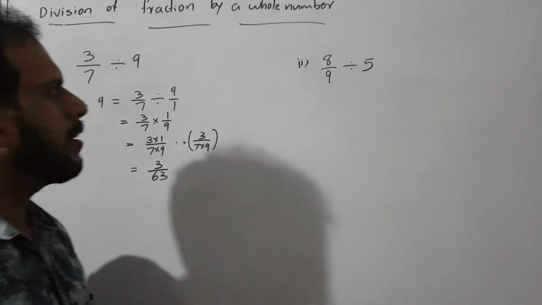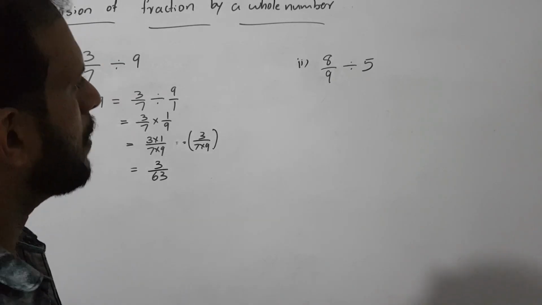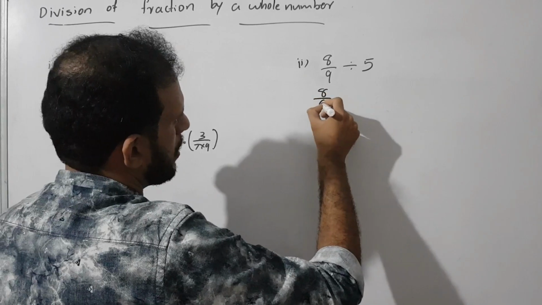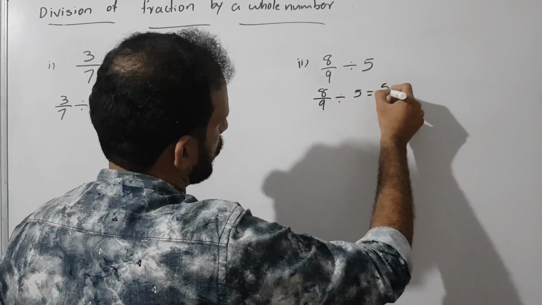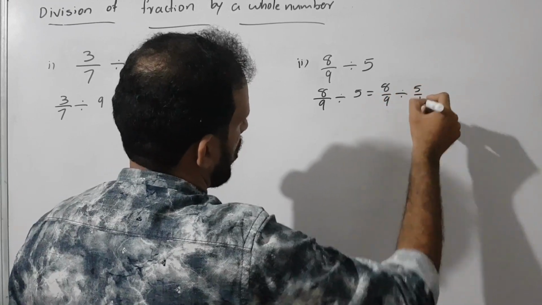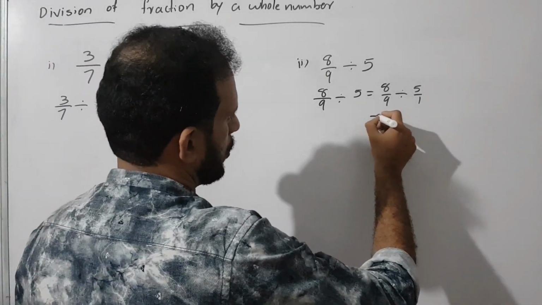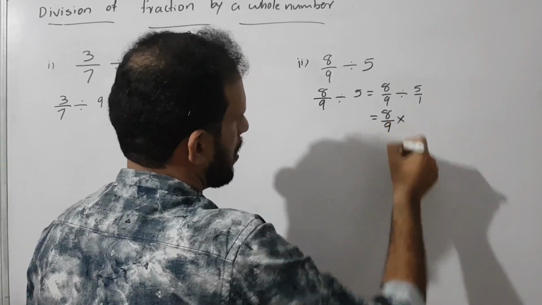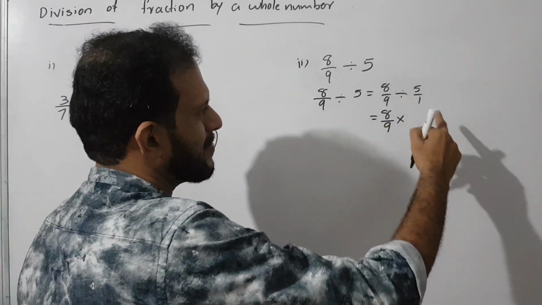Okay, the next one, 8 by 9 divided by 5. What is 8 by 9 divided by 5? Then we first make the second one, the whole number, in the form of a fraction. 5 is equal to 5 by 1, so 8 by 9 divided by 5 by 1. Then we multiply the first fraction, the dividend, by the reciprocal of the second.